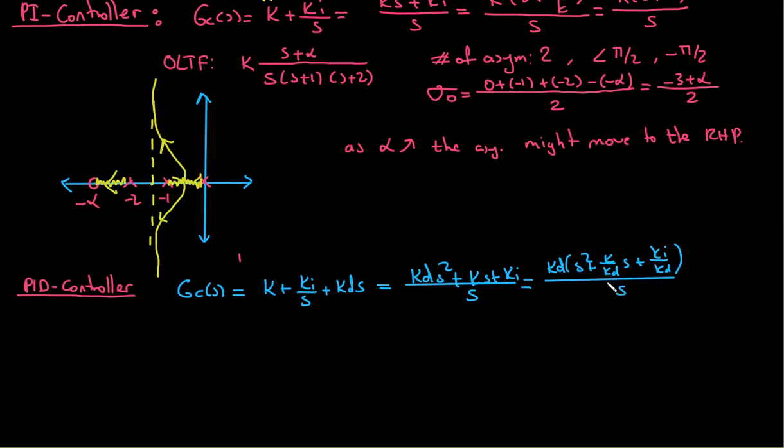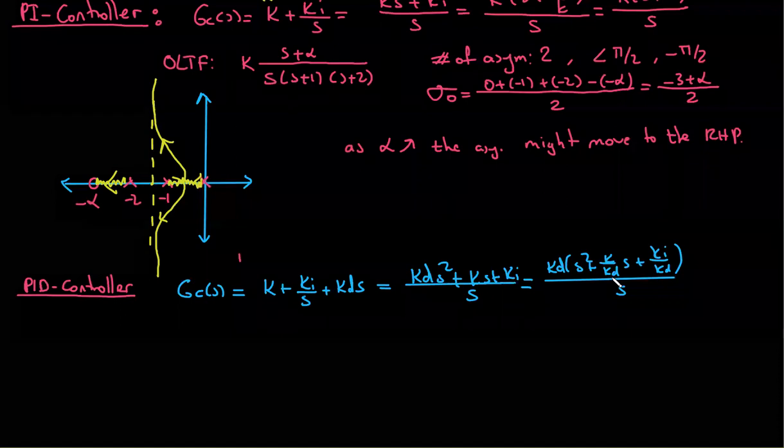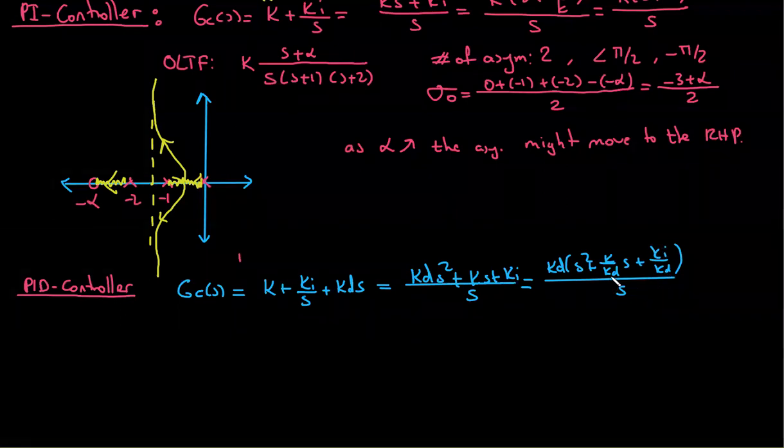Notice that I can keep this kp over kd ratio and ki over kd ratio constant to set certain polynomial coefficients, and I can introduce two zeros in this way.